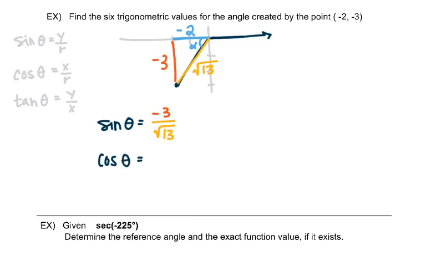Cosine theta is x over r, -2 over root 13. And tangent theta is sine over cosine, or my y value, -3, over my x value, -2.